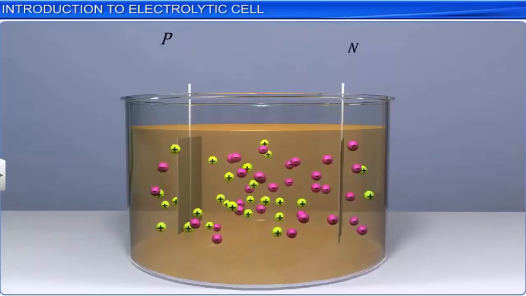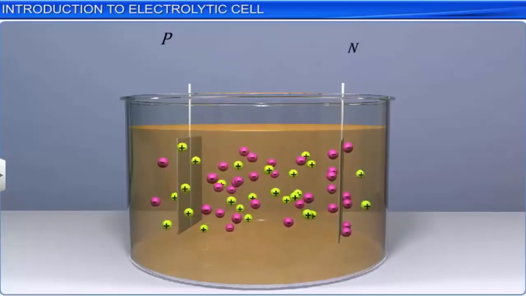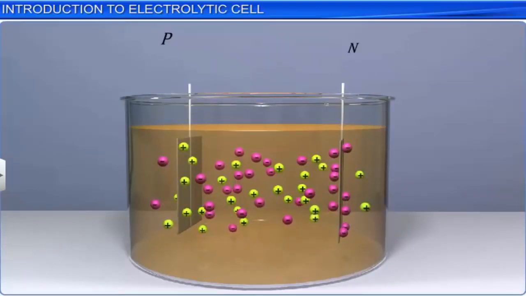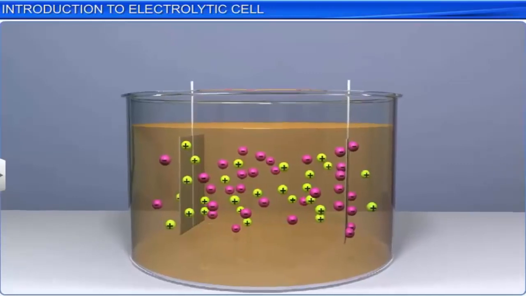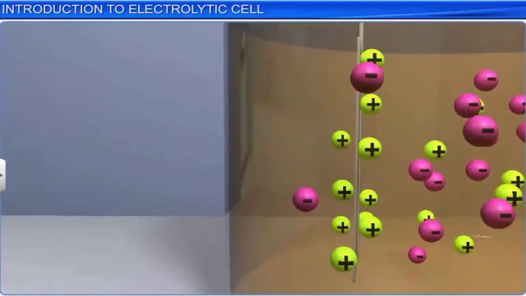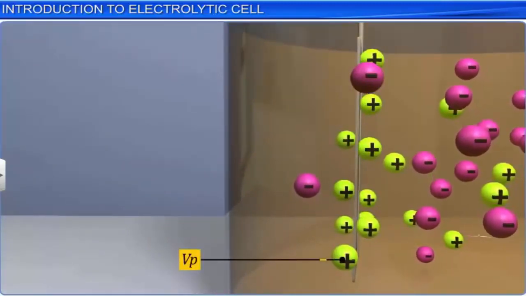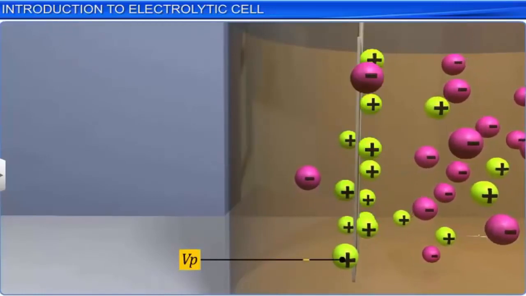The electrodes, when dipped in the electrolyte, exchange charges with the electrolyte. Due to the exchange of charges, the positive electrode P acquires a potential difference Vp between itself and the electrolyte solution immediately adjacent to it.